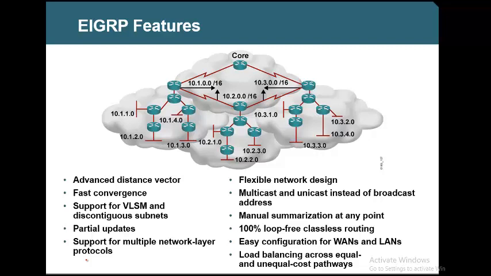Excellent. In EIGRP also we have a loop prevention mechanism, which guarantees 100% loop-free classless routing. What is that? It's called DUAL.